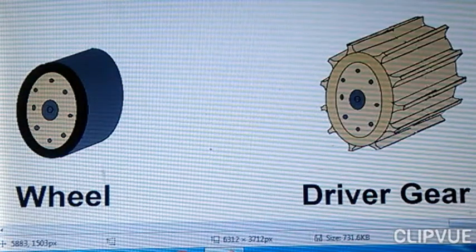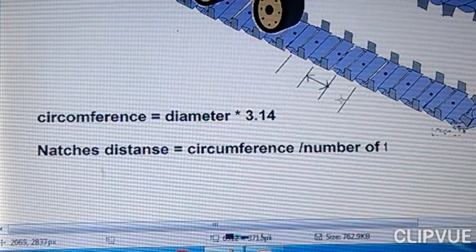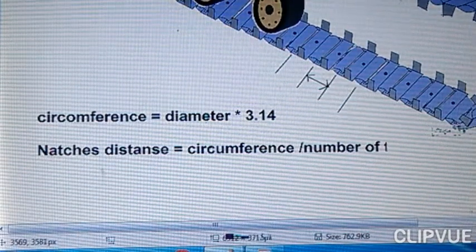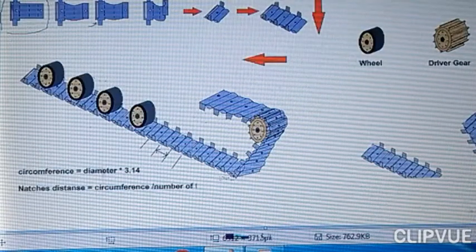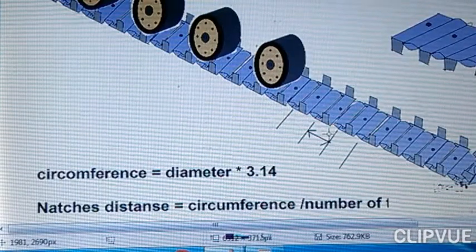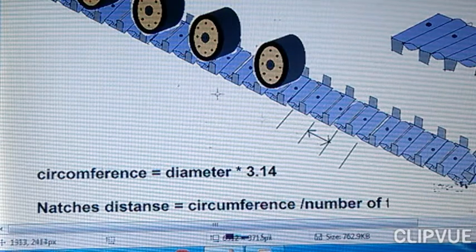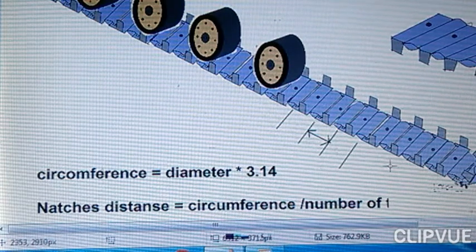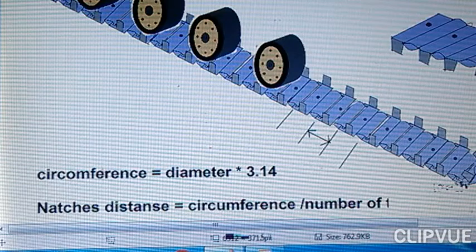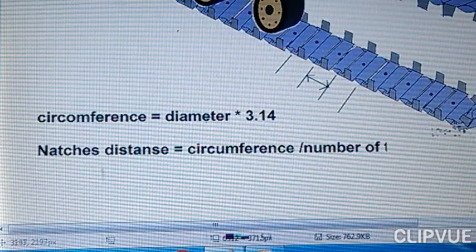Then you will have, you can calculate the distance between each two adjacent plates of track by calculating the circumference of the driver gear.